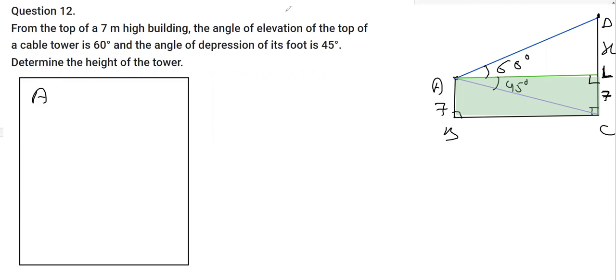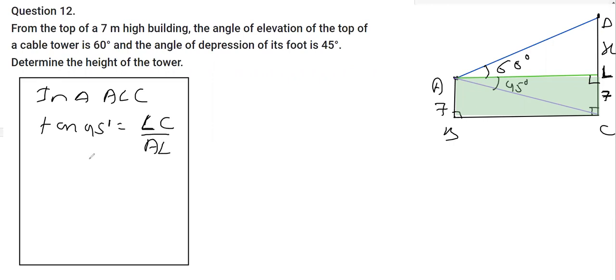So I will take the triangle ALC. We apply tan 45, as we need the relation between the perpendicular and the base. So tan 45 is LC over AL. Tan 45 has value 1, LC is 7, and AL is what we have to determine. So by cross multiplication, AL is equal to 7 meters.